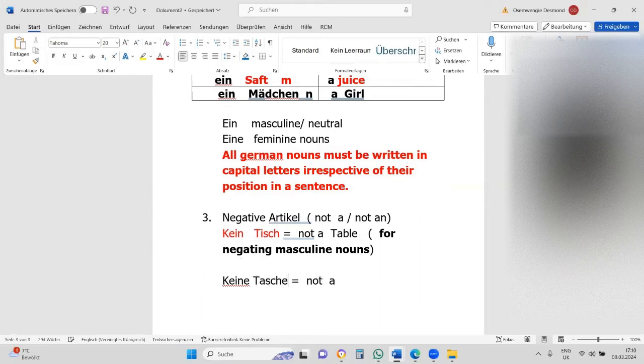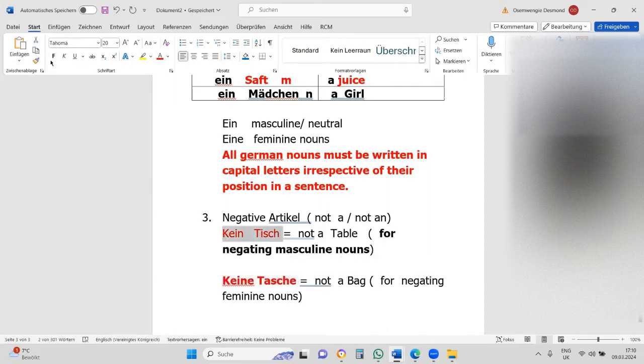Tasche means bag. It's a feminine noun, so not a bag, you use keine. Keine is used for negating feminine nouns. That's what we use keine for. Keine Tasche, kein Tisch.